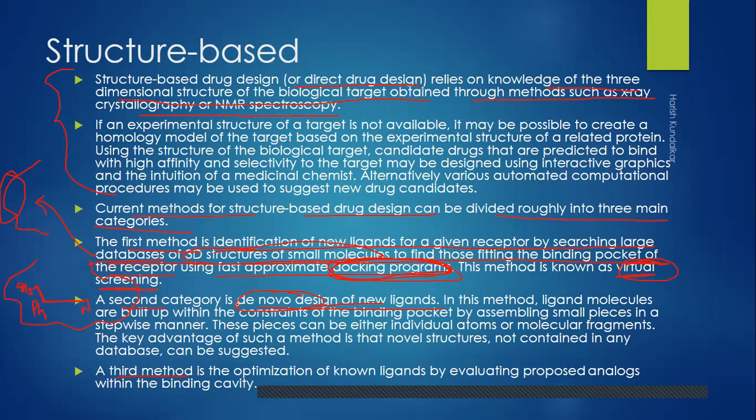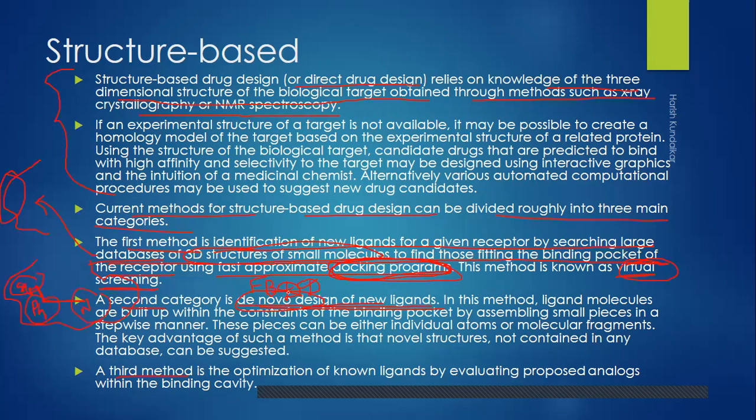So this is called de novo design of new ligands, or in other words, it is also called FBDD, fragment based drug design. We fused the ethyl fragment, phenyl fragment, and naphthyl or anthracene or phenanthrene type of fragment together, and we have produced a new ligand altogether.